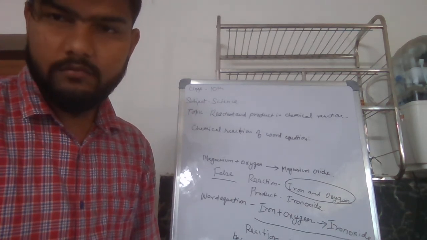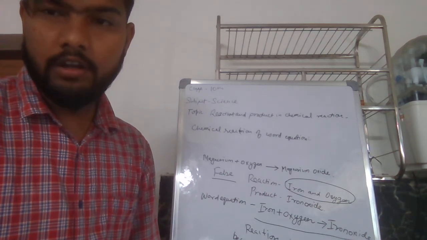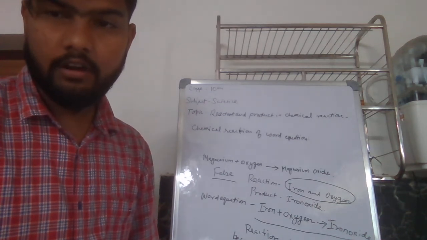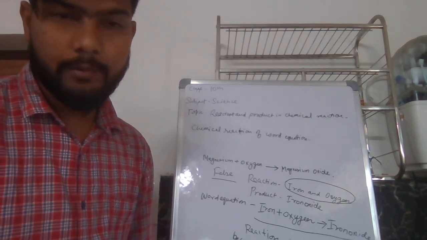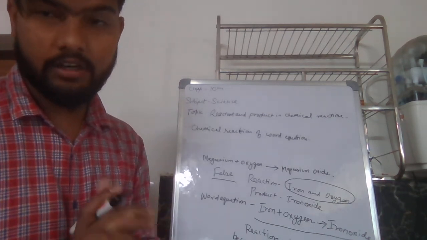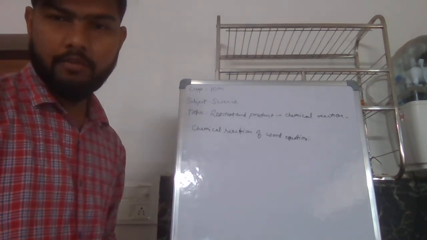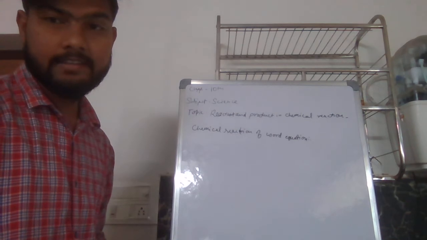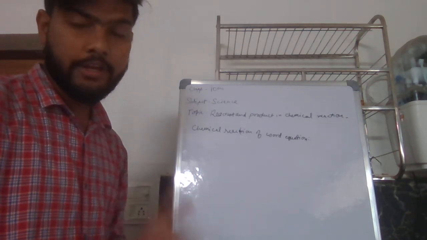Now write any word equation of a chemical reaction occurring in space. What will be the chemical reaction which occurs in space? Here is a question for you: hydrogen gas combines with nitrogen to form ammonia.